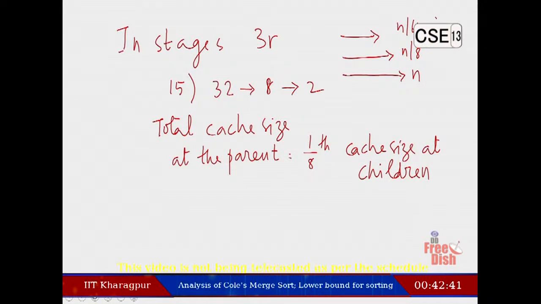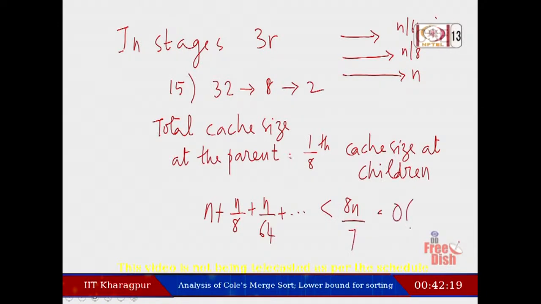Therefore, if you sum the total number of the elements in the cache arrays, that is the total size of all the cache arrays put together, it will be n plus n by 8 plus n by 64 plus etc. all the way to the top of the tree, which we know is less than 8n by 7, which is order of n. So in stages that are multiples of 3, the total cache size would be order of n.